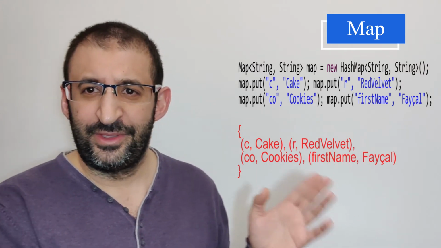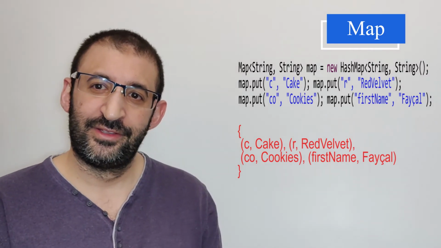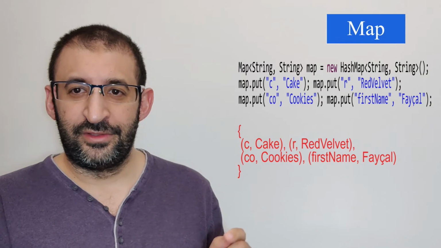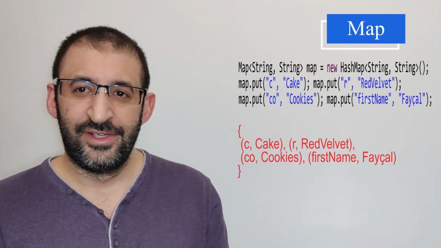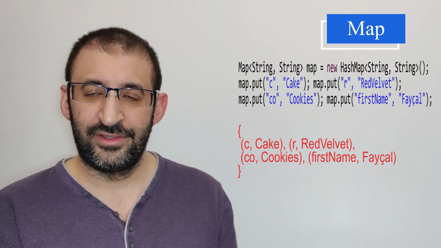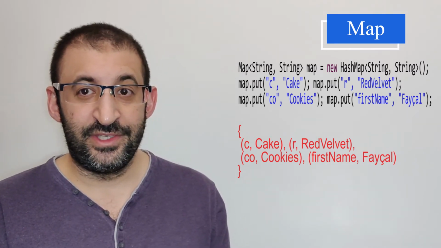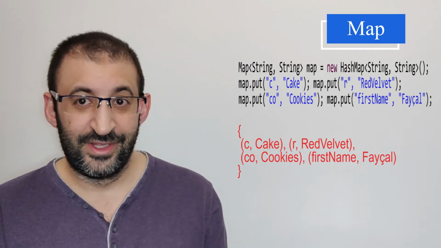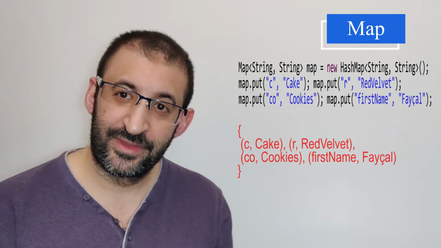C equals cake. Yes. The second one, S equals strawberry cake. After this, I have air equals red velvet. With this I have CO equals cookies. After this I have first name equals Faisal.